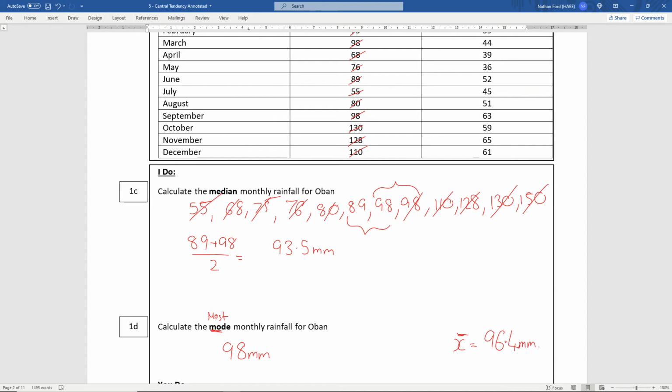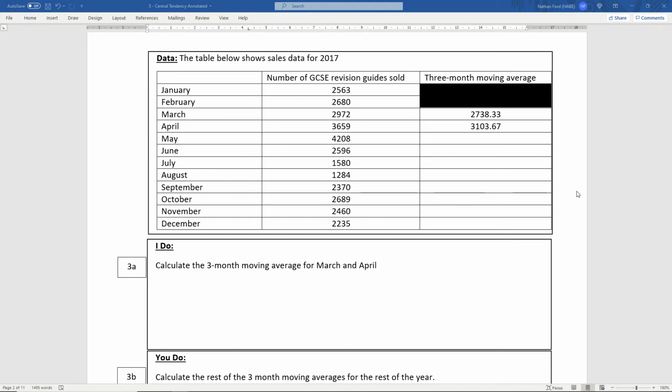Okay, now I should have you back. I'm going to show you what a moving average is. A moving average is very useful, because it smooths out some of our spikes. Here we're talking about the sales data for GCSE revision guides in 2017.